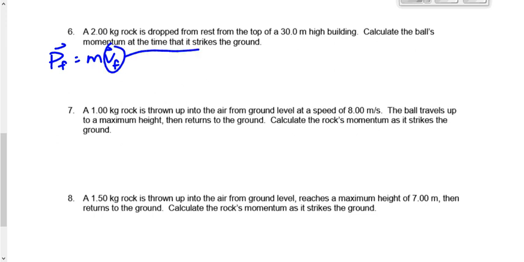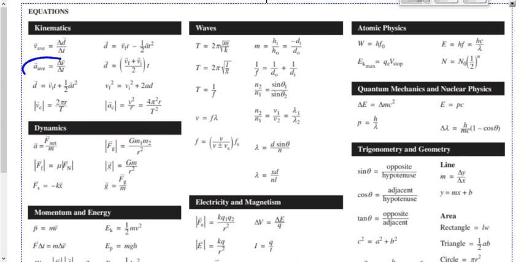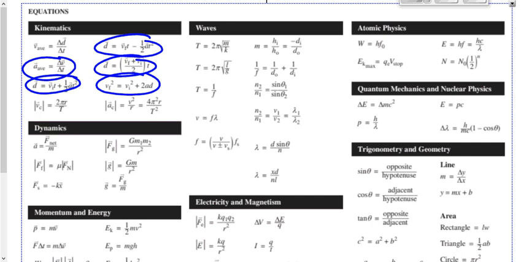Any suggestions as to how to find final velocity? Yep, vf squared is equal to vi squared plus 2ad. That's the one that I would use as well. It seems like most times you get a problem like this, that's what we end up doing, but we don't have to. There are other options. If we look at our data sheet, all of these acceleration equations that we learned in Physics 20 are valid here, because they all involve principle 1, accelerated motion.